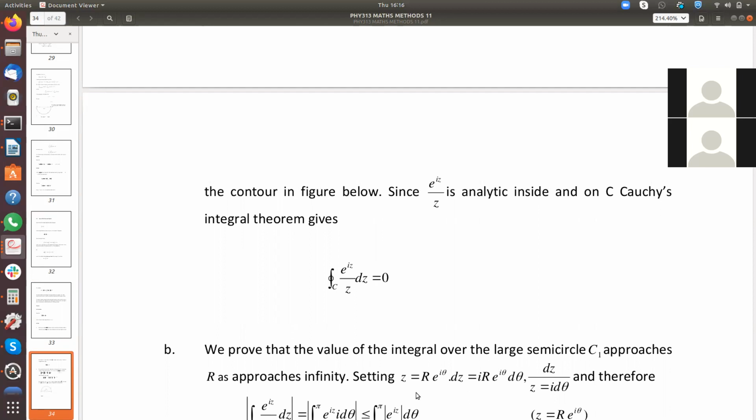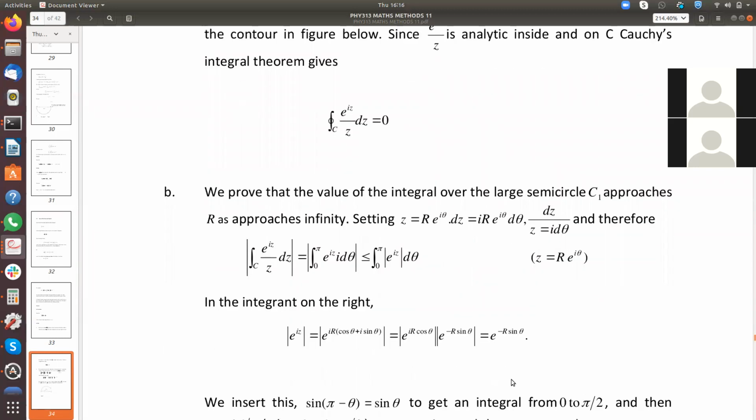When we set z equal to R exponential i theta, dz becomes i R exponential i theta d theta, and therefore the absolute value of this expression is an integral from 0 to pi, because we have moved in terms of angle now. So from 0 to pi, it is less than or equal to this, where z equals r exponential i theta. The integrand on the right is now exponential minus r sin theta.